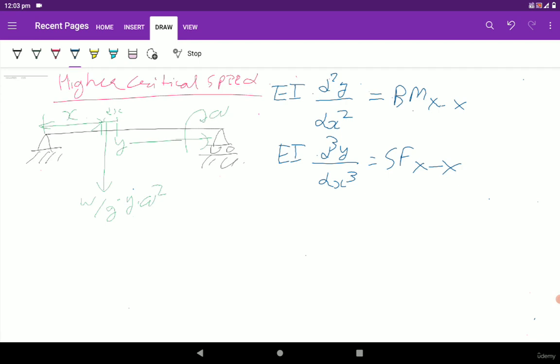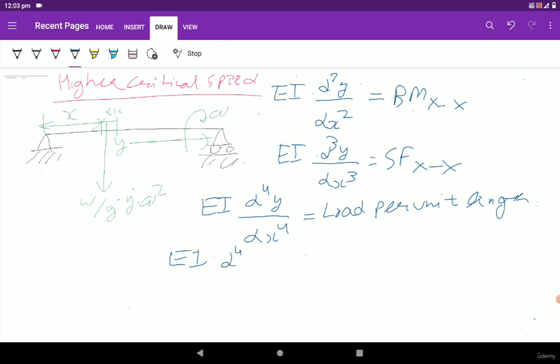So in order to calculate the load per unit length, EI d4y divided by dx power 4 is equal to load per unit length. So we can write EI dot d4y dx power 4 is equal to W by g dot y dot omega square.